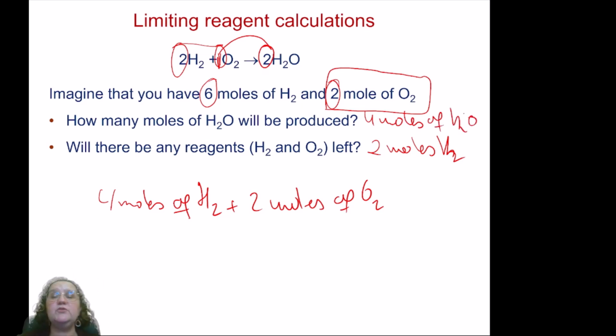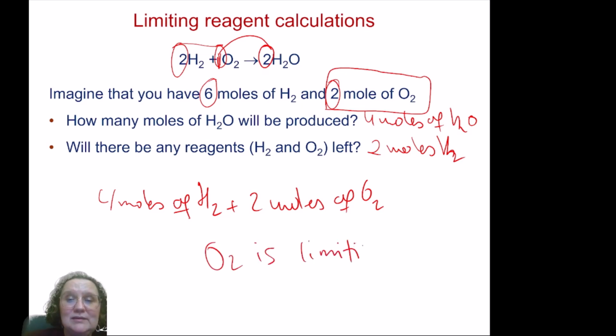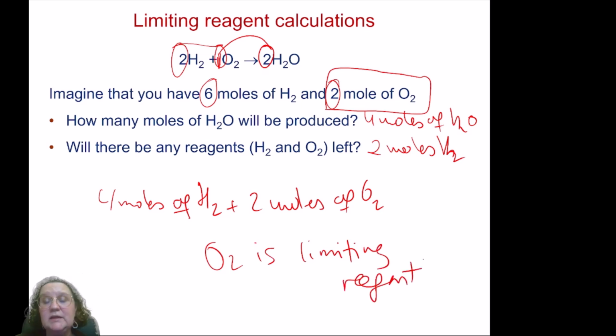So as in the previous case, we still make our 4 moles of water, but in this case, we do have reagent left. We have 2 moles of hydrogen left, because oxygen in this case is our limiting reagent. And we cannot make more water because we run out of oxygen. So the hydrogen has nothing to react with.